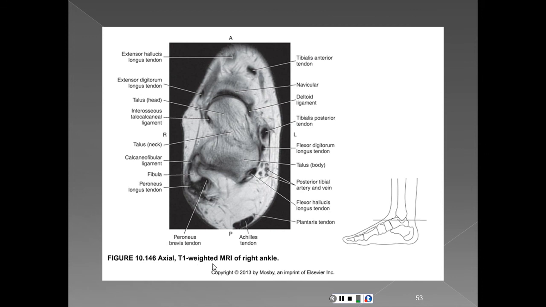Axial T1 weighted MRI of right ankle, and orient yourself with this picture. So this is anterior. So here we have the talus.